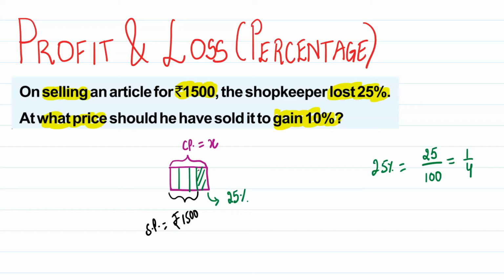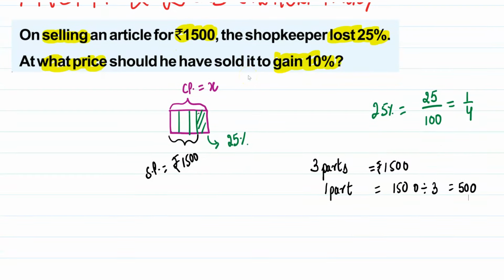So if 3 parts represent rupees 1500, how much is 1 part? 1 part should be equal to 1500 divided by 3, which is 500. So each part is 500.